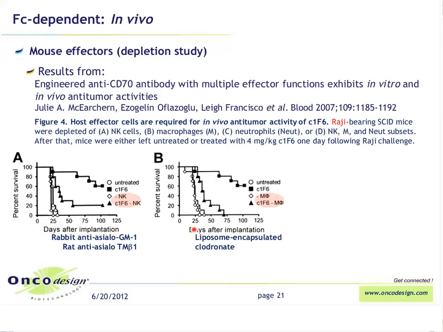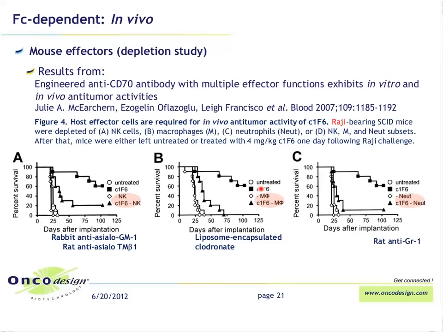By using liposome encapsulated clodronate, we target the macrophage population, and again we observe a loss of activity of this antibody. And the last effector population, the neutrophils, also depleted by an antibody, we clearly show a loss of efficacy.